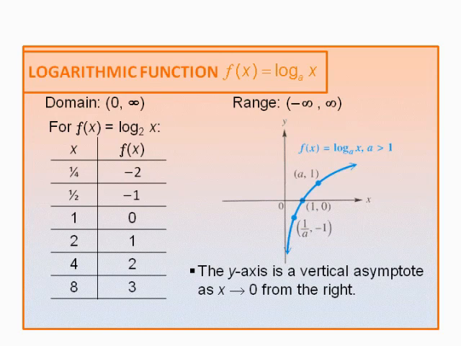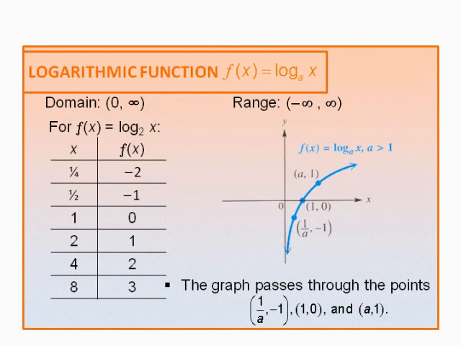All right, so notice it says here that the y-axis is the VA as x approaches 0 from the right. And we've talked about that. And notice they also put the range and domain on the graph here.